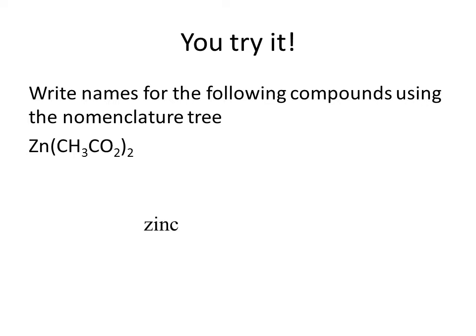Therefore we just write zinc. Don't identify its charge by putting parentheses 2 after it. We look at the back half and we see it's a combination of nonmetals. So we look at the formula and find out that the formula of this polyatomic ion is acetate.